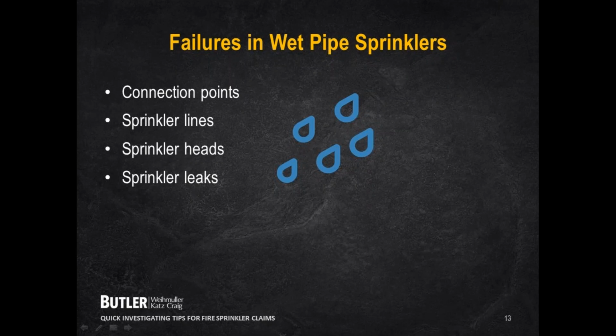I'm sure a lot of you on the phone right now have handled quite a few freeze losses this past year. We've had really, really cold conditions for prolonged periods of time. And we see the lines themselves break, or they can freeze and break at an angle, at a connection point too. I've had quite a few sprinkler head losses, where that's typically where contractors accidentally bump them, somebody hits it.